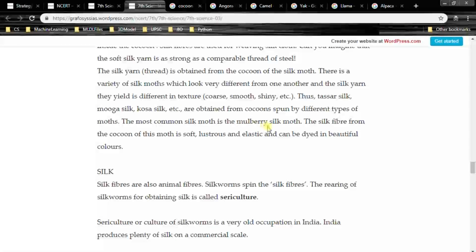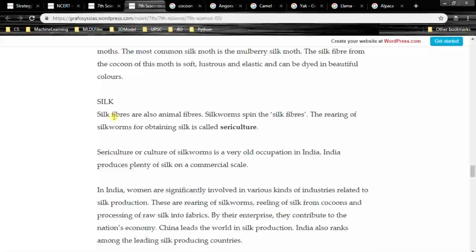And mulberry silk is one of the most common silk we can find in market. Silk fibers are also animal fibers. Silkworms spin the silk fibers. The rearing of silkworms for obtaining silk is called sericulture. Silkworms, sericulture. Rearing of silkworms, right?